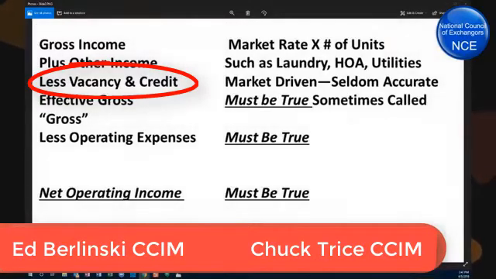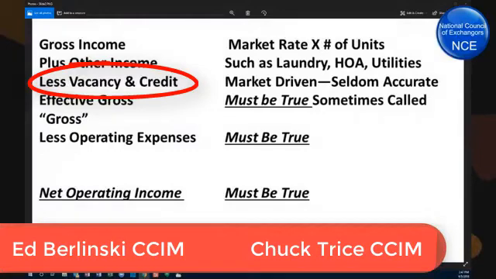And most brokers just say, oh, the vacancy in this area is about 8% or 5%. Or I love it when the seller says, I have never had a vacancy factor. I'm 100% full 100% of the time. Well, I guarantee you that is not true.